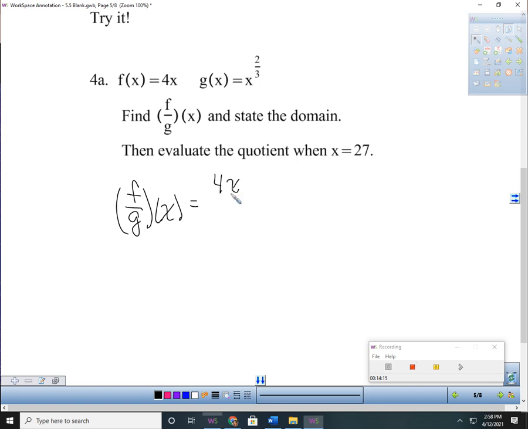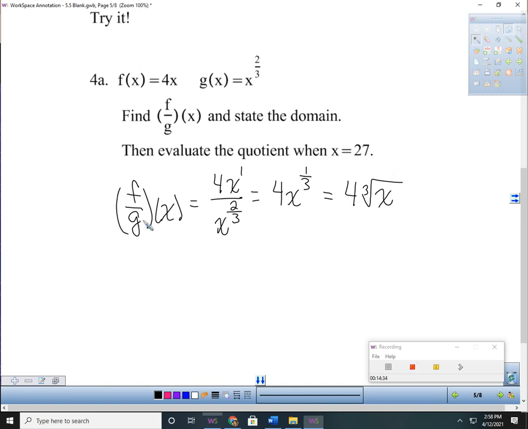We have 4x on top and x to the 2/3 on the bottom. And we can do the same thing, right, where we take 1 minus the 2/3. So we have 4x to the 1/3, which is a cube root. So we have 4 times the cubed root of x.